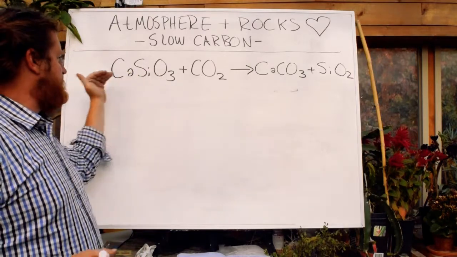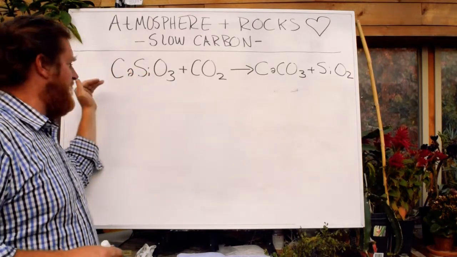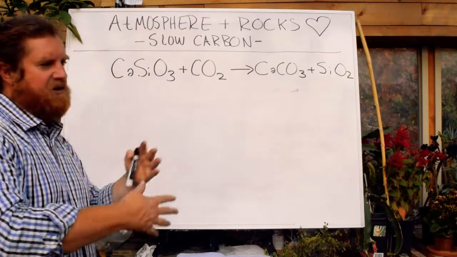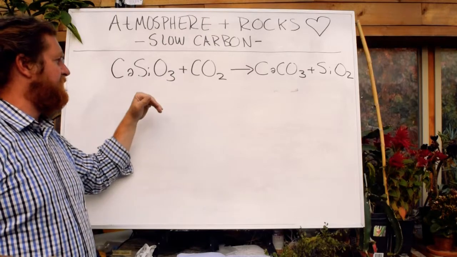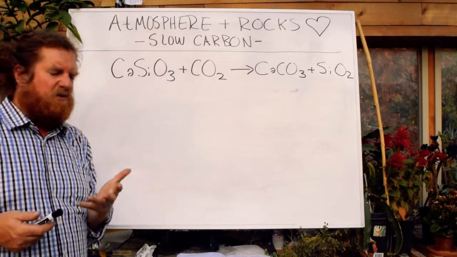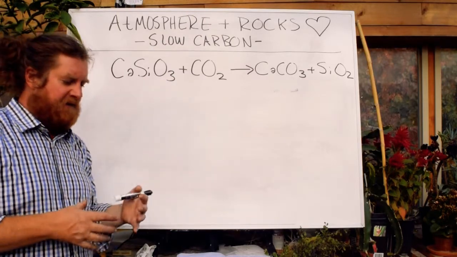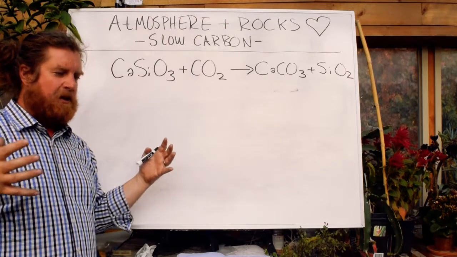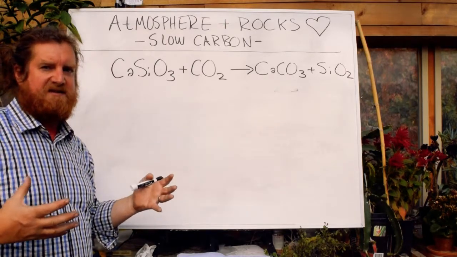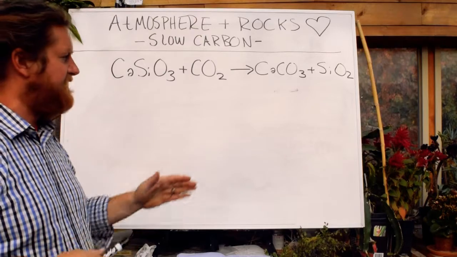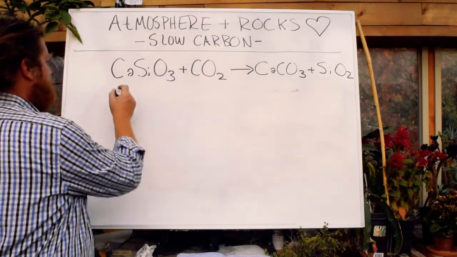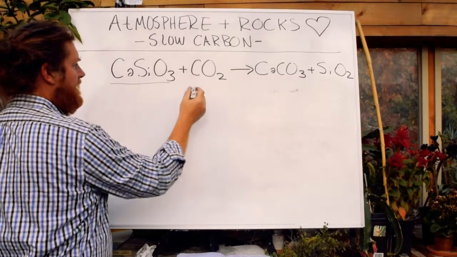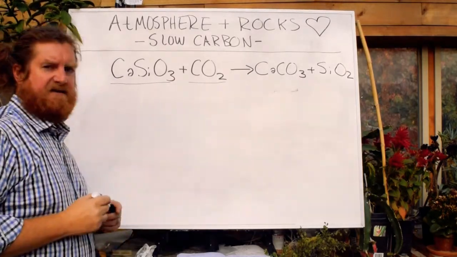Here, this doesn't exist. This is a chemical approximation of lots of different rocks, right? Calcium, silicon, oxygen, 3. That really isn't anything, but in a bulk sense, it approximates rock chemistry. There's lots of different individual reactions that we could look at. So what we have is rocks and carbonic acid.